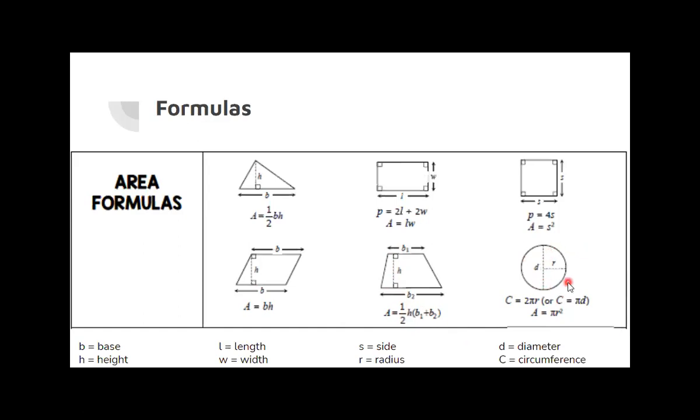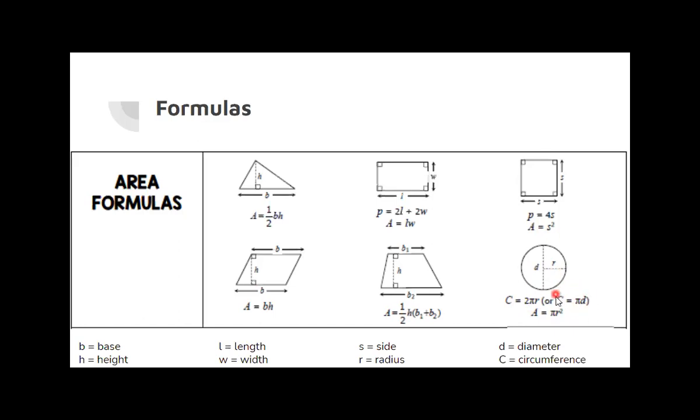For circles, this one's pretty straightforward. There are two different formulas that you can use to find the circumference. We're not really going to be looking at circumference here, but just know that C equals 2 pi r. 2 pi r is just taking the radius and multiplying it by 2, which gives you the full diameter.